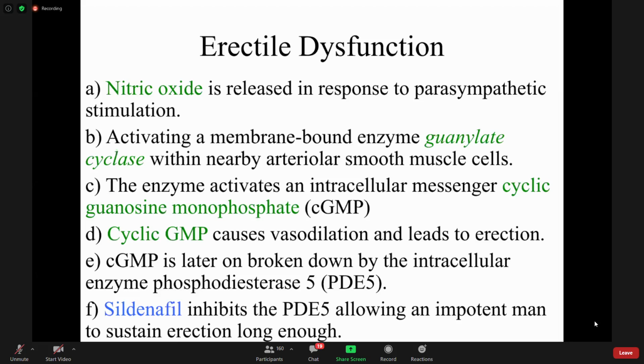Excuse me, sorry. We have the enzyme PDE5 that is going to break down the erection. Now, there are certain drugs such as sildenafil that will inhibit PDE5. So by inhibiting this enzyme, the erection can be sustained for much longer.